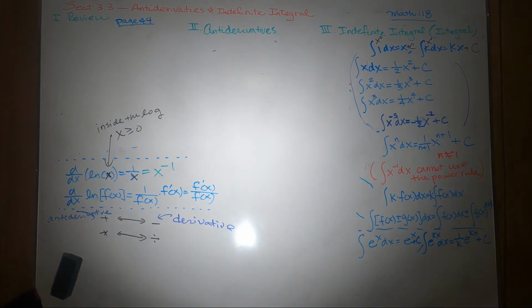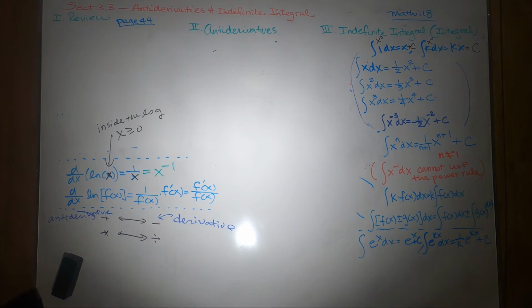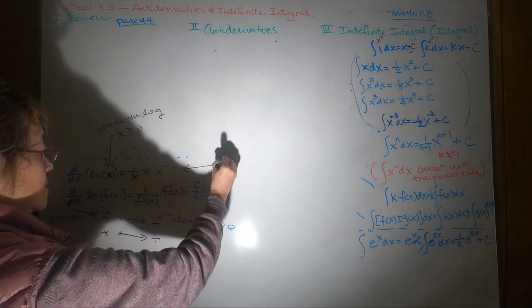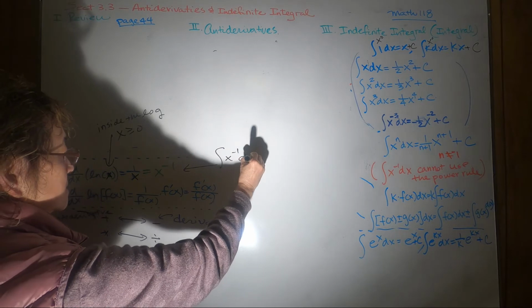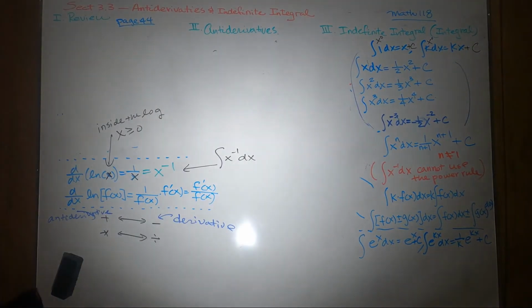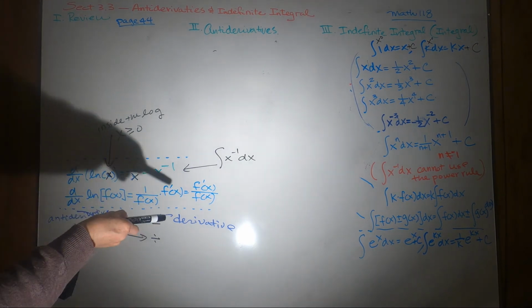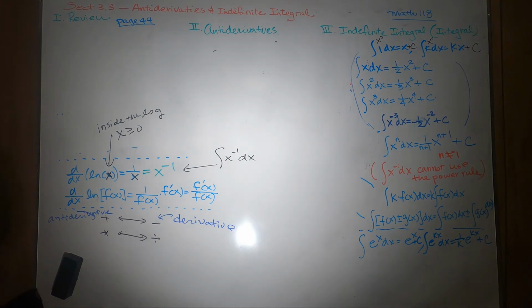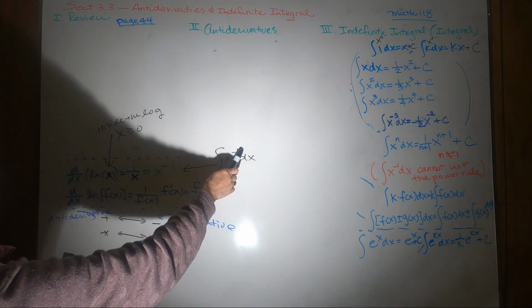So what does that tell you? If you do the antiderivative of x to the negative 1, can I use the power rule? Go one level higher and divide by the new level. Then negative 1 plus 1 is 0.